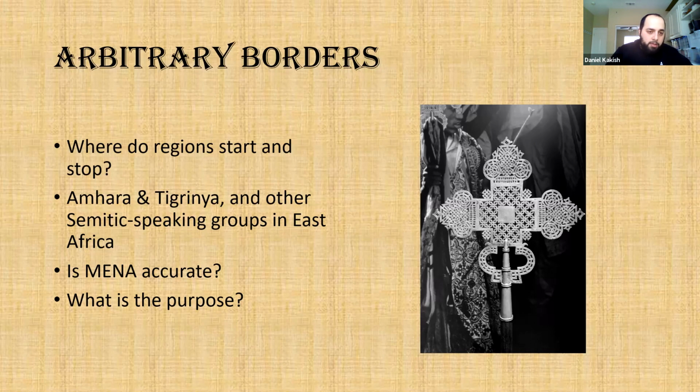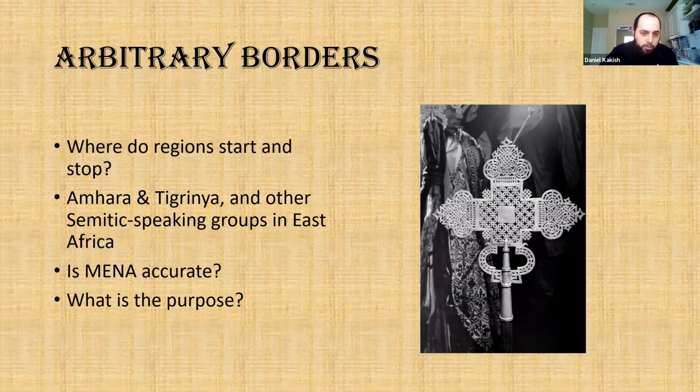And that's what I wanted to talk about regarding these East African groups. The MENA bubble says Middle East and North Africa, but in a way, East Africa is closer, not just in geography, but even linguistically.